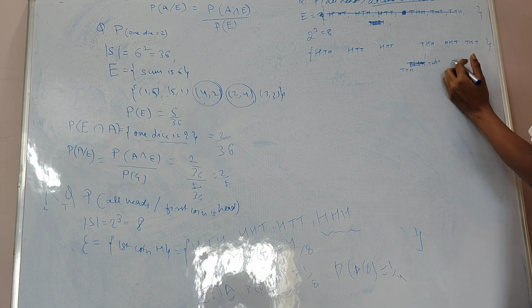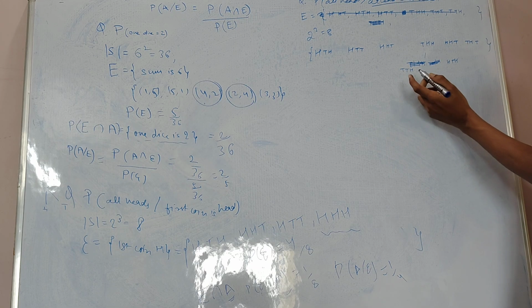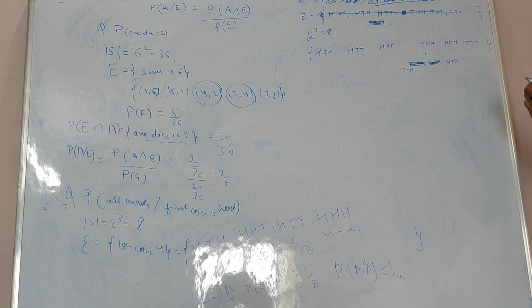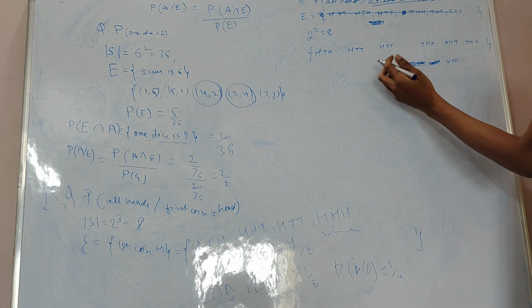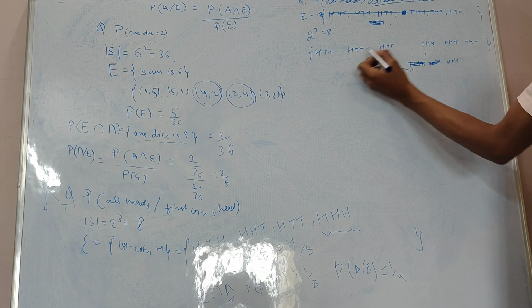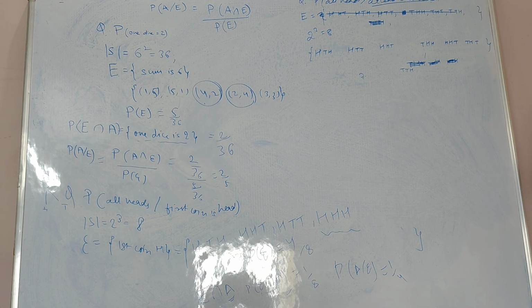Tail, head, head, and head, tail, head, right? This is the same, so I will not consider this. So overall I have, and this is also matching, so overall I have 7 cases, right?